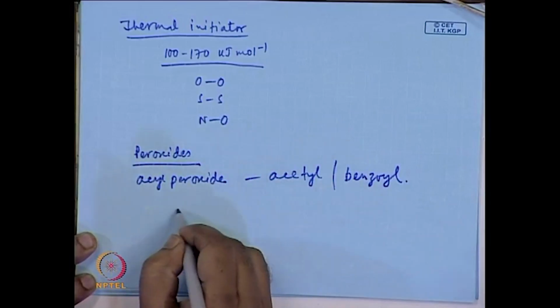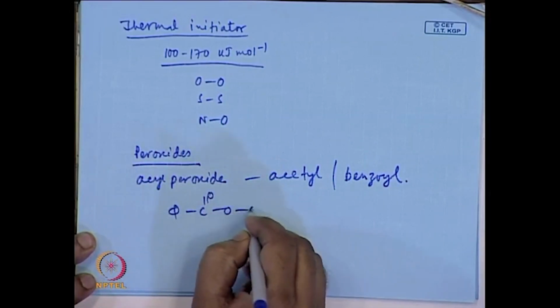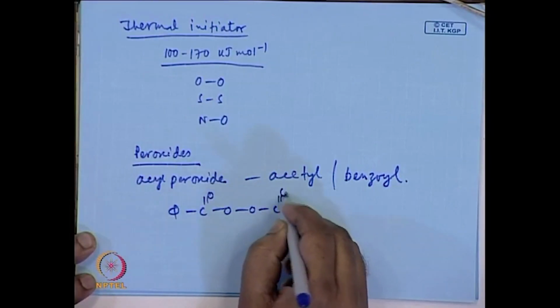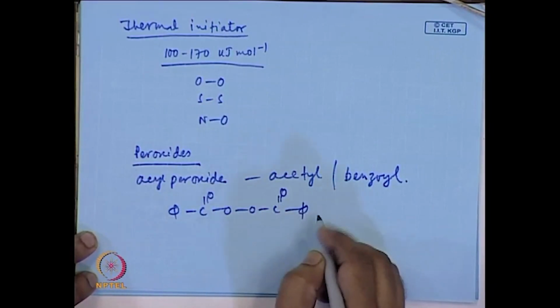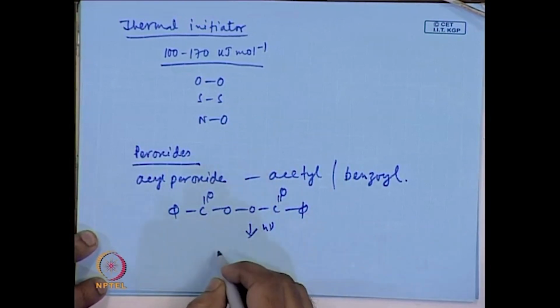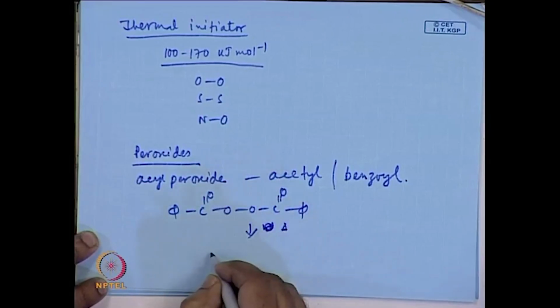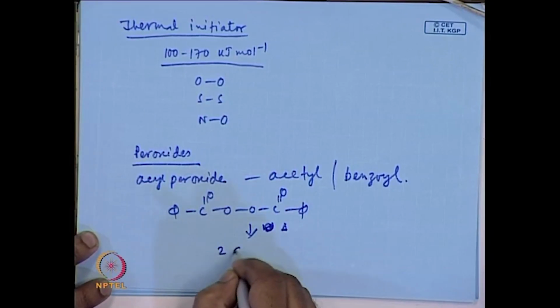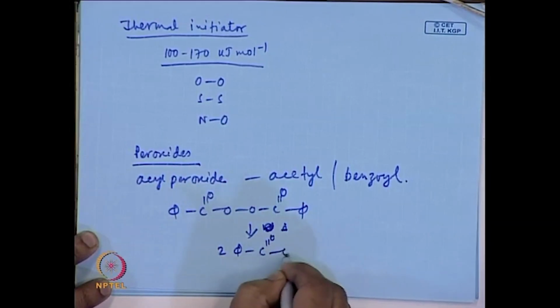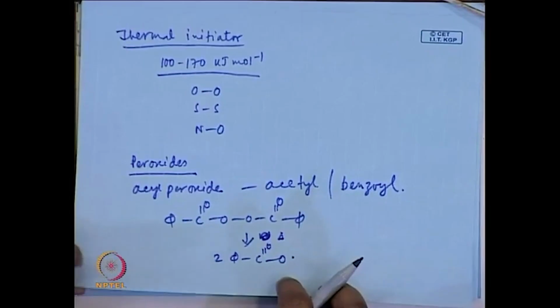If I write the structure of benzoyl peroxide, it can break homolytically on thermal energy, on heating, to form CO dot radicals. Now, you can have alkyl peroxides as well.